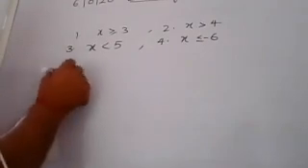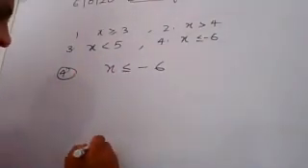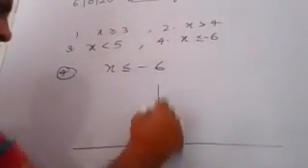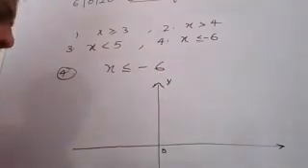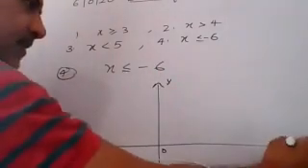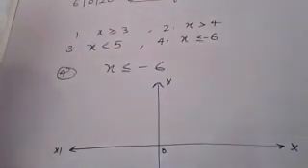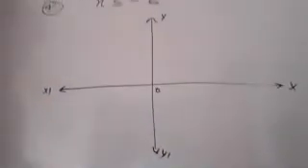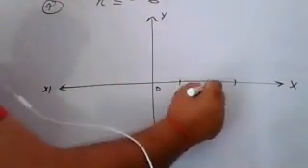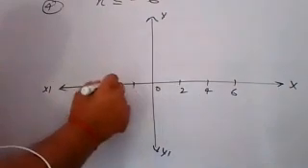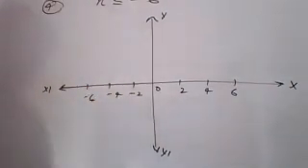Here you have x is less than or equal to -6. y dash, y, and here you have x dash, x. So you take the points like that. Here you take 2, 4, 6, -2, -4, -6.